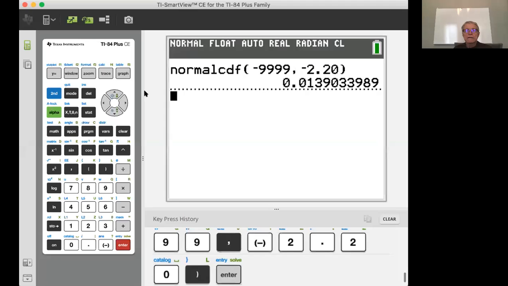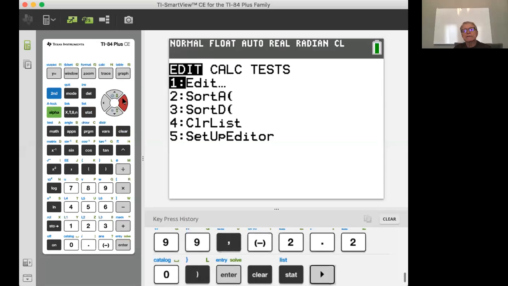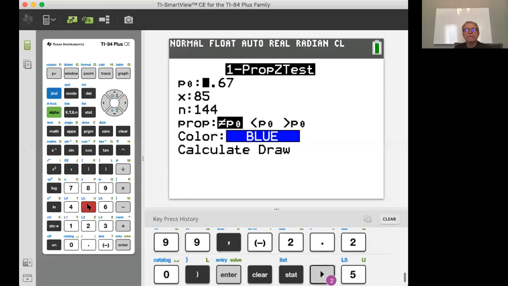Let's clear that. Where do we find the one prop Z test? Stat, tests, and the one prop Z test is number 5. So I'm going to type in number 5. Just remember that it is number 5 for test of proportion.